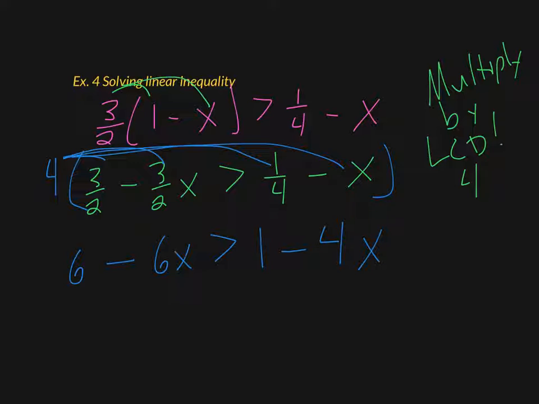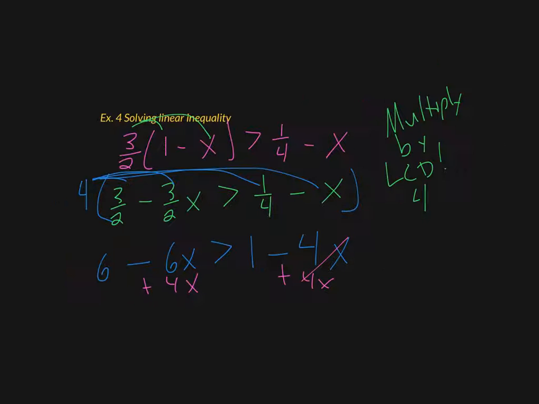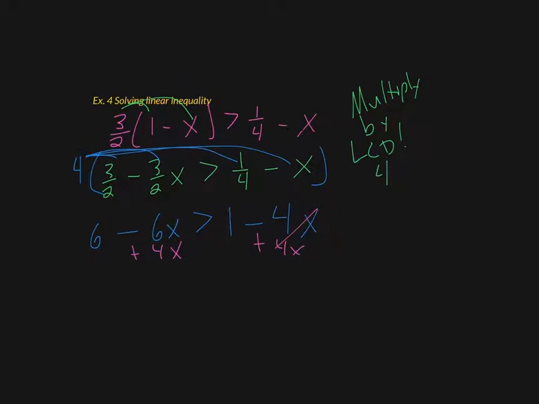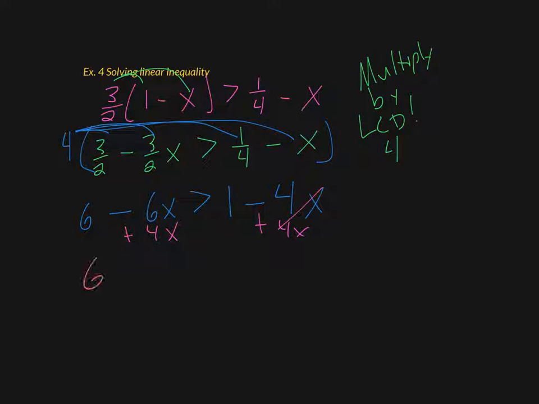So now let's combine our x's on the same side. I'm going to change colors first. I'm going to add 4x here and add 4x here. So I now have 6 minus 2x is greater than 1.